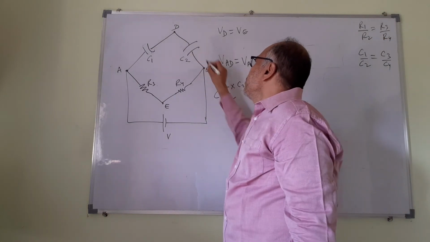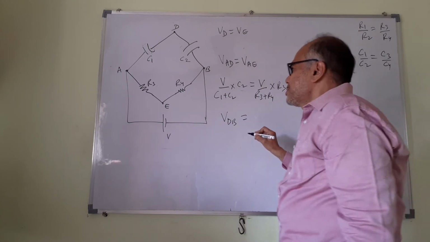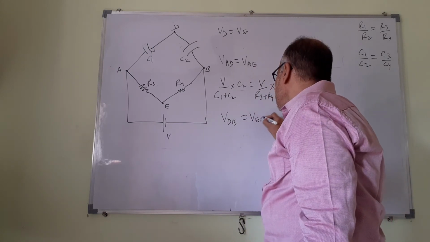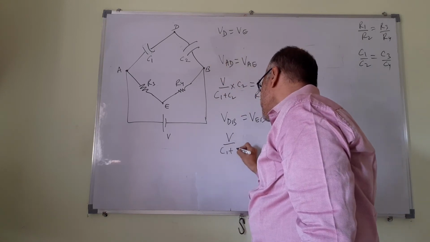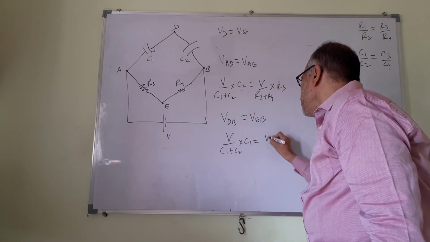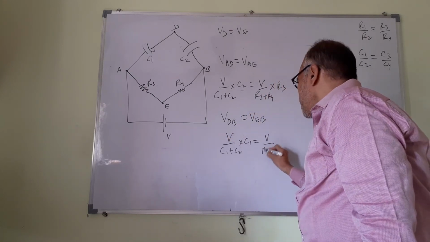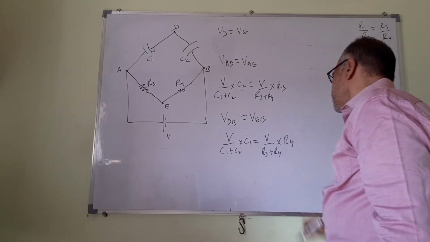Now I can say VDB equals VEB. VDB would be V by C1 plus C2 into C1. VEB would be V by R3 plus R4 into R4.